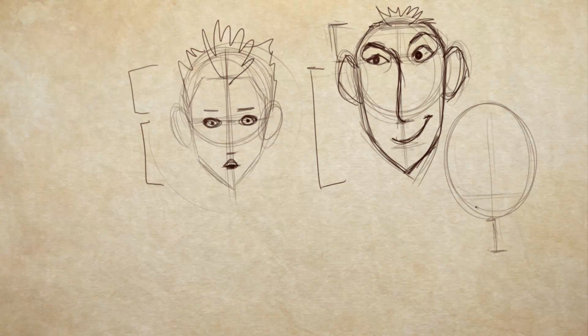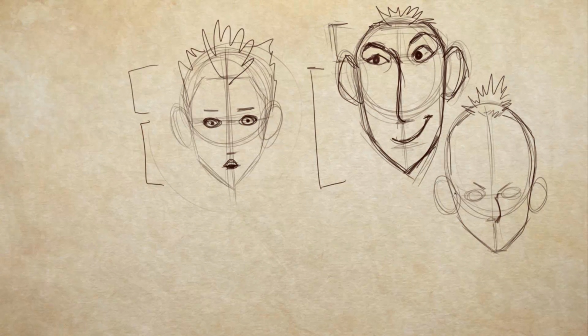So now what's going to happen is we're going to get a small nose, and we'll have the eyes around here. And we'll get this big forehead. Let's just give the hair, keep the hair relatively similar. And there, now we have another character.